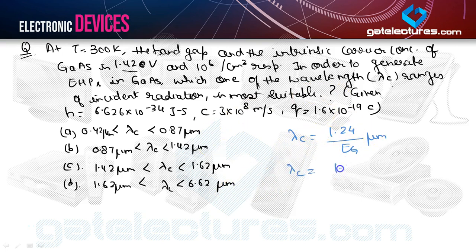So lambda c is 1.24 upon 1.42, and this value comes out to be 0.838732 micrometer, which falls in this range. So the answer to this question will be this. This question was asked in GATE 2014.